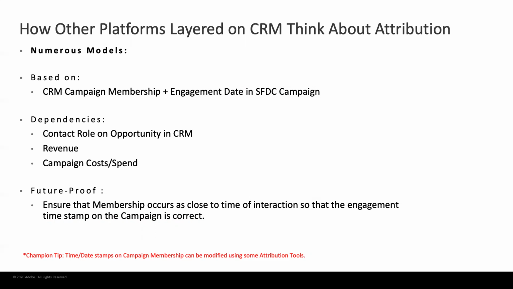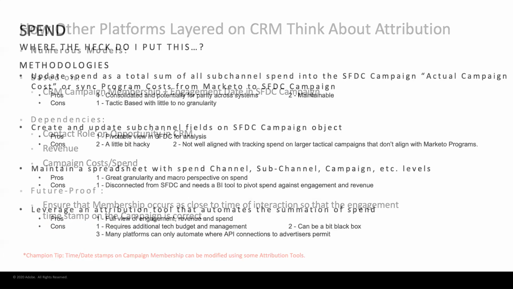I think that's useful just for understanding the data that you have, but also for future state if someone does actually get a LeanData or a Visible or another tool that has that capability to change that engagement date, that they have that backlog to be able to understand what would then need to be corrected for potential historic data if they're going back that far.